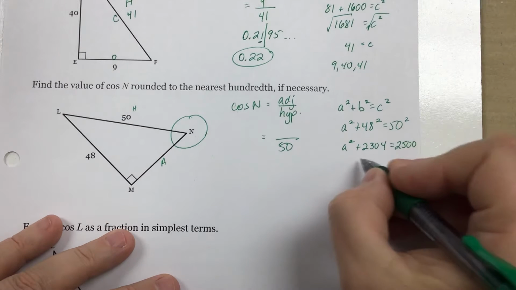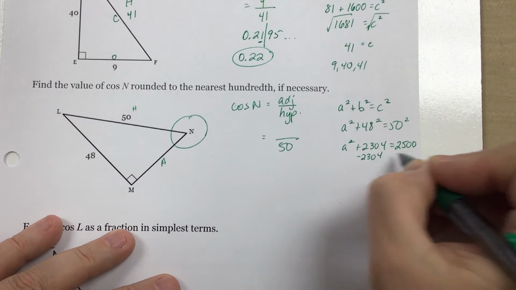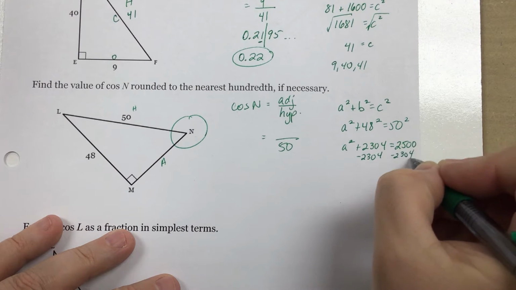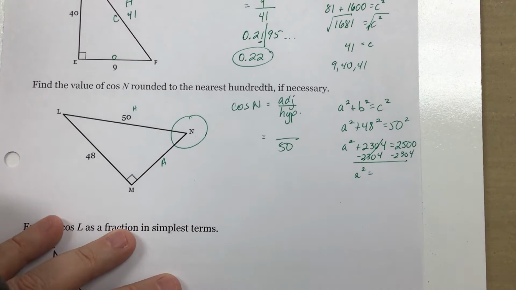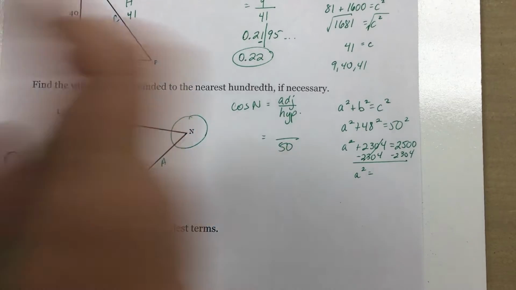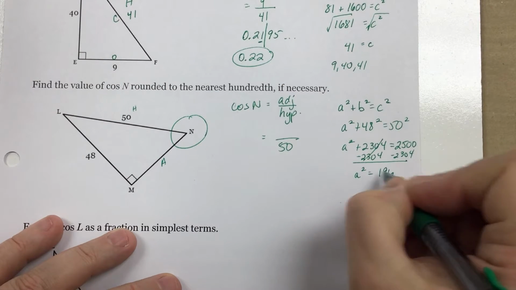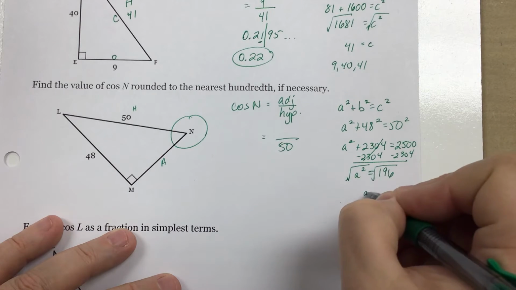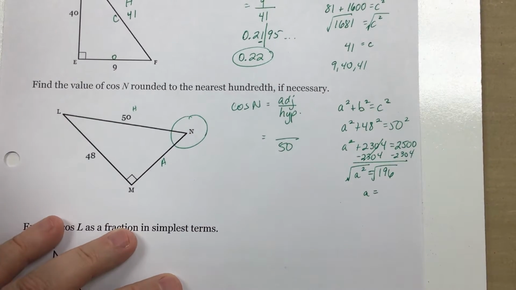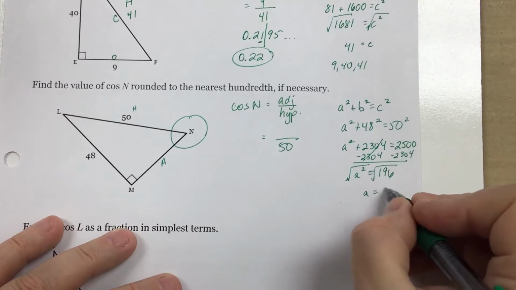To continue solving for A, I'm going to subtract 2,304 from both sides. 2,500 minus 2,304 gives me 196. Then I would test to see if it's a perfect square. The square root of 196 is 14.